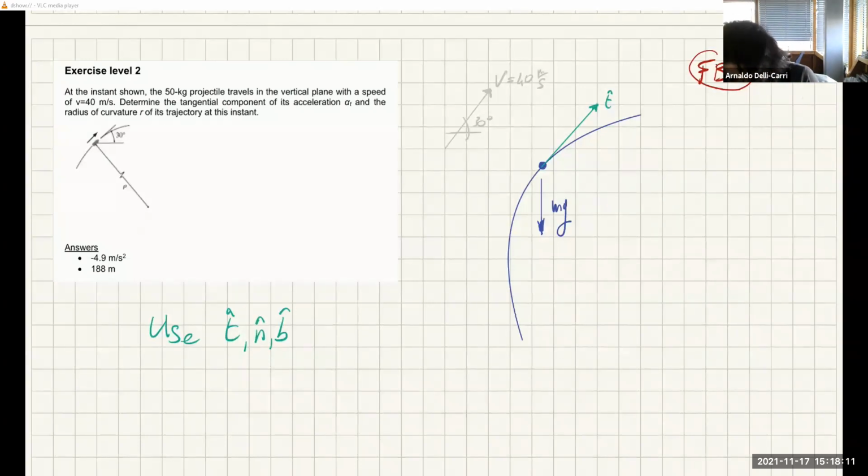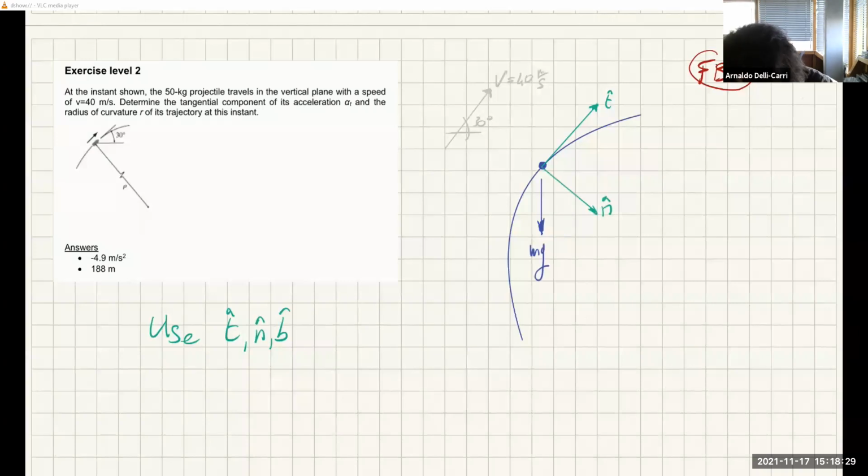And n is, of course, towards the center of curvature, and perpendicular.